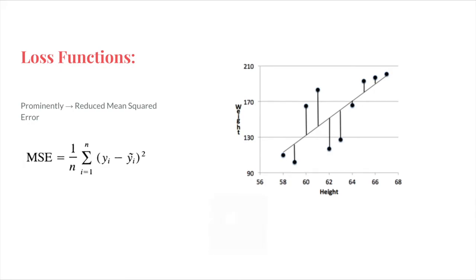This is defined by the equation here. In case you haven't taken AP statistics or anything related to statistics, we can talk about what this equation basically means. In this example of a linear regression model, we fit a straight line to the data points represented here.